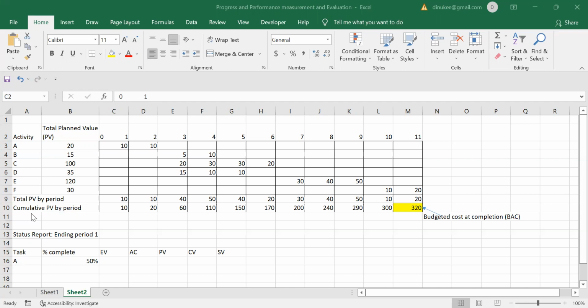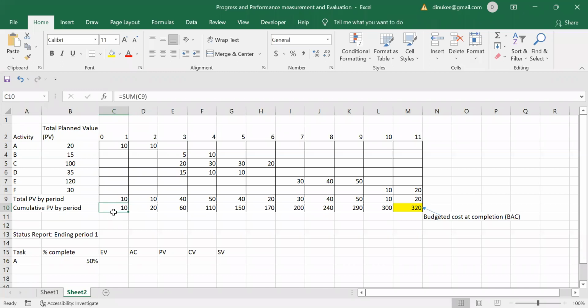Then I have taken the cumulative plan value by period. That means I have to take the accumulation of this plan value. So at the end of the first year, the cumulative plan value is 10.